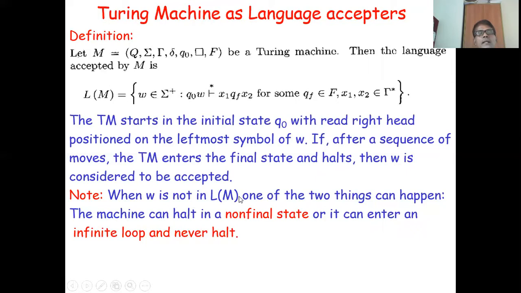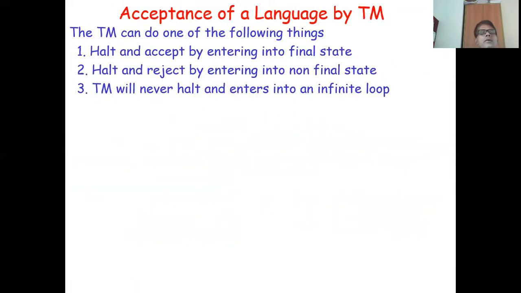If W is not in L of M, then one of two things can happen: the Turing machine can halt in a non-final state, or it can enter an infinite loop and never halt. So a Turing machine can do one of the following: halt and accept the string by entering the final state; halt and reject the string by entering a non-final state; or never halt, entering an infinite loop.